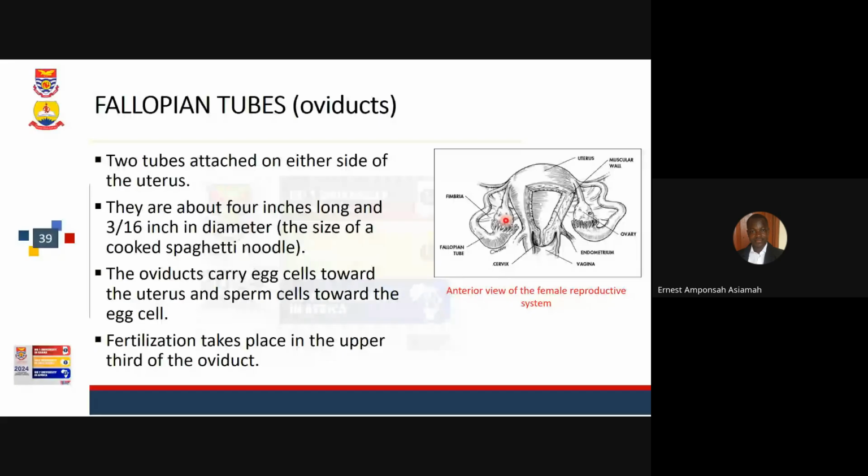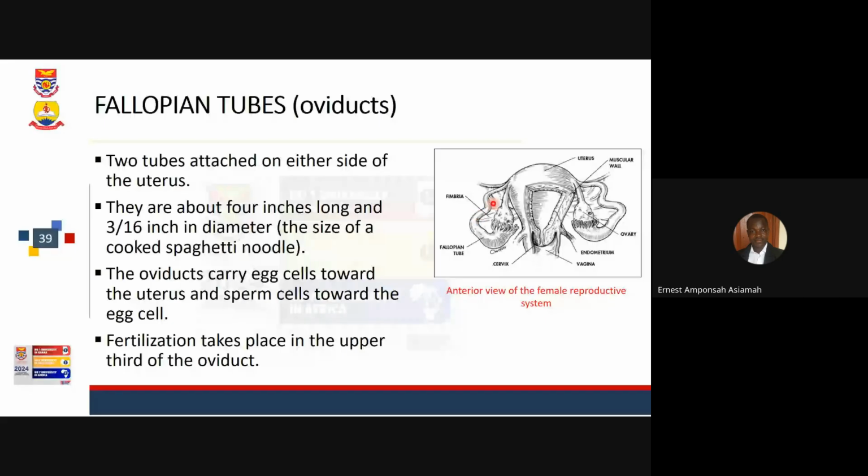What happens is that the fallopian tube will carry the egg cells from the ovary and transport them towards the uterus.